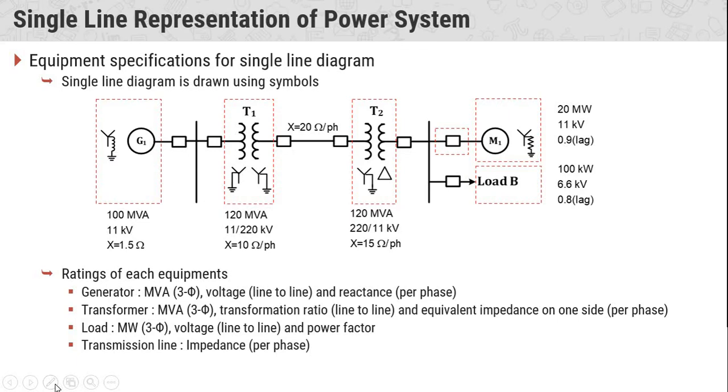So please remember this point. What are the specifications given at the generator? The first is the three-phase MVA, then the line to line voltage, and the reactance per phase. So the generator symbol is a circle for generator 1.